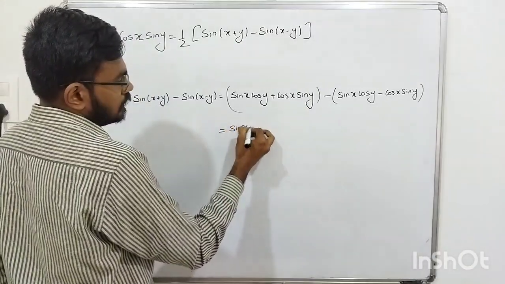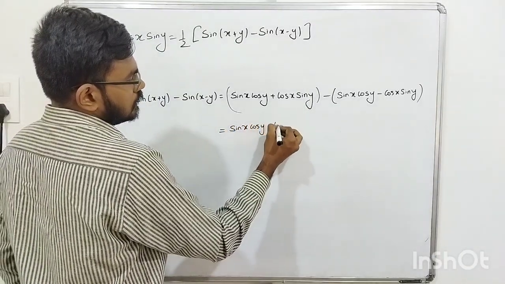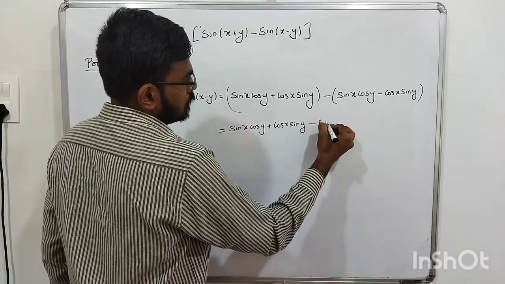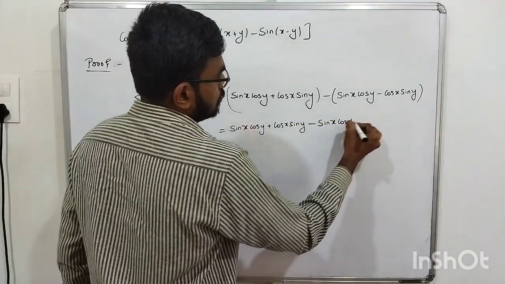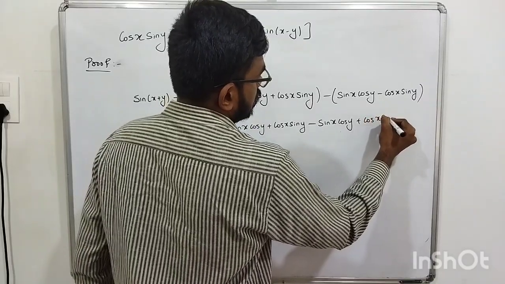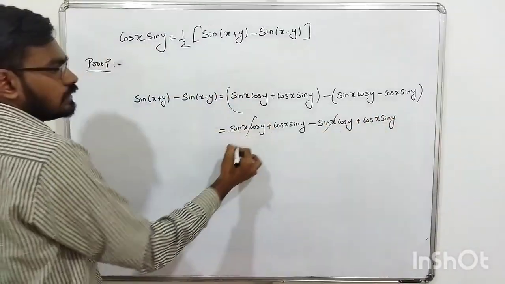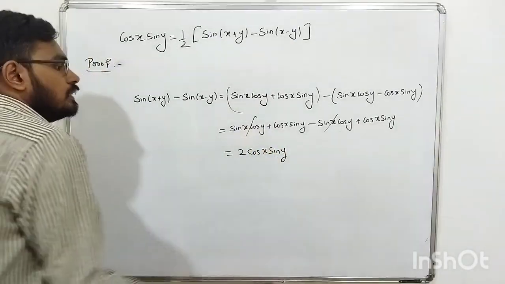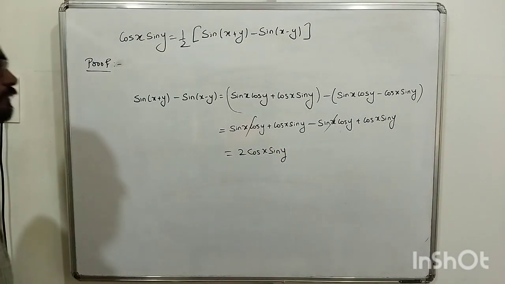Sin x cos y plus cos x sin y minus sin x cos y, minus into minus plus cos x sin y. Then we can cancel and get 2 cos x sin y. Doing this fast because we did this just now.